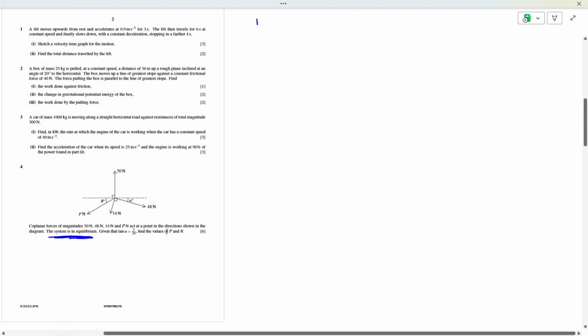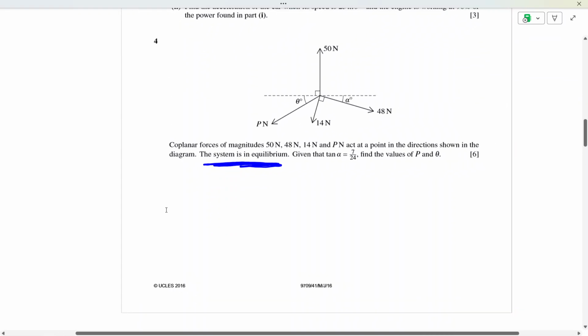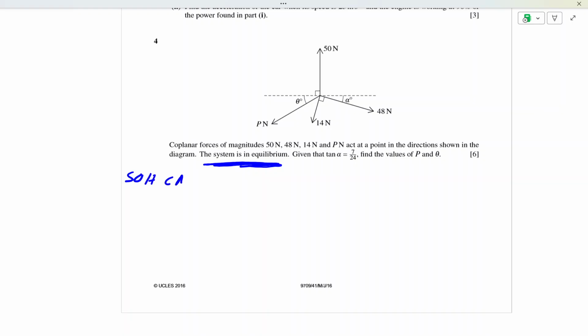All right, so for this particular question, since we have a value for tan alpha, I'm sure you know from the trig ratios the mnemonic SOHCAHTOA, right? We know that if tan alpha is equal to 7/24, this means that this is the opposite over the adjacent, right?